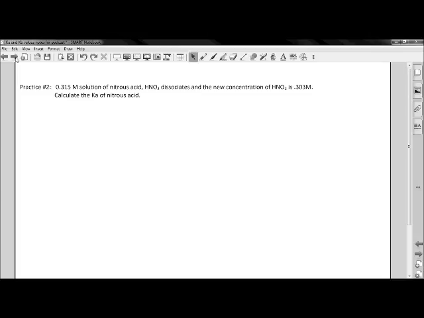Now, you're going to notice here there is no lovely balanced equation given, so we need to do that really quickly. So here we go. We have our lovely nitrous acid. Let's add it to some H2O.